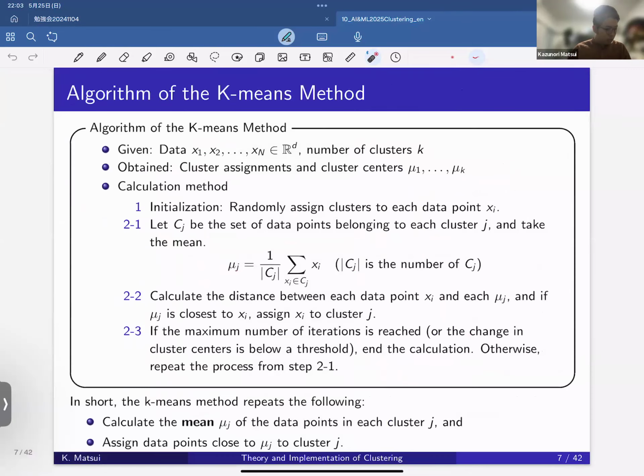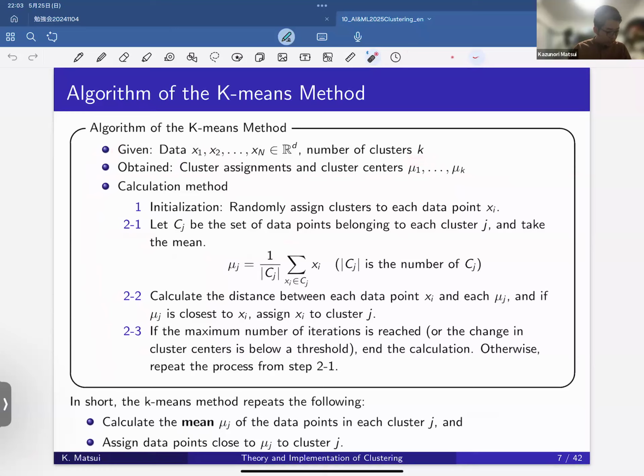Now let me quickly explain how to do this k-means method. The basic algorithm of the k-means method is as follows. Let's say data is given and the number of clusters is also given.